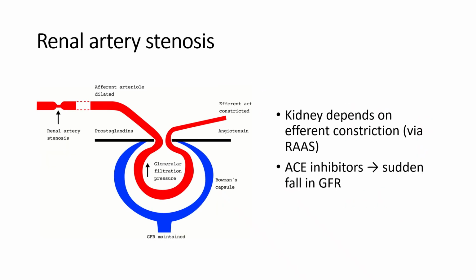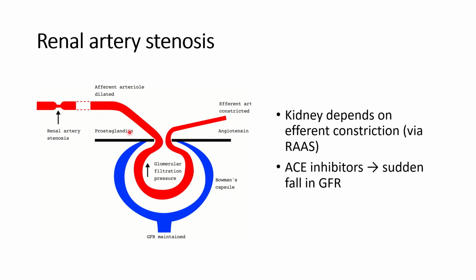Now there is this disease condition, renal artery stenosis, in which at the entry of the renal artery there is constriction. Due to this condition there is a decrease in the blood flow into the afferent arteriole due to decreased space available for the blood to enter.